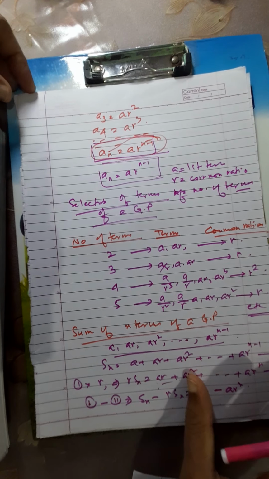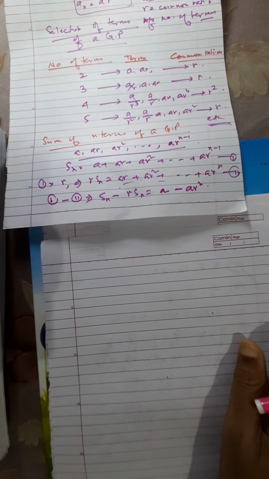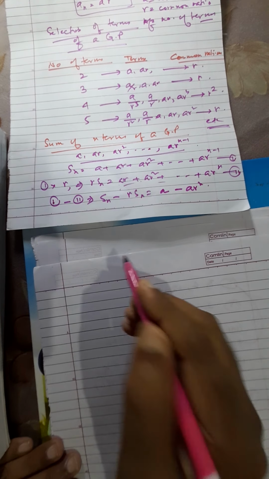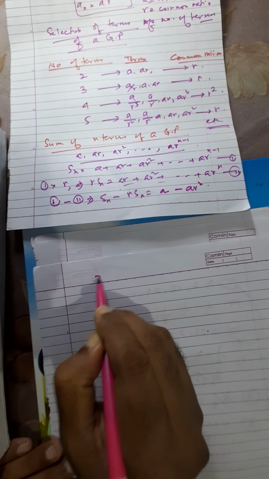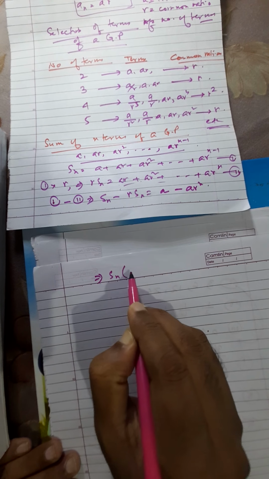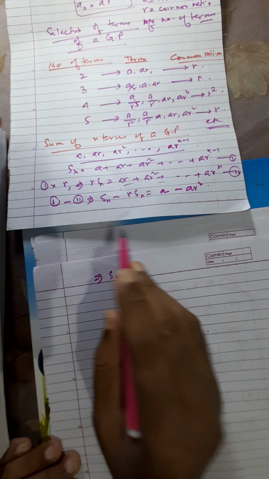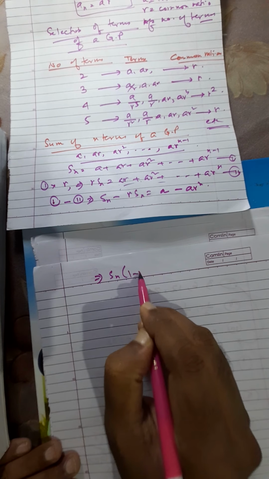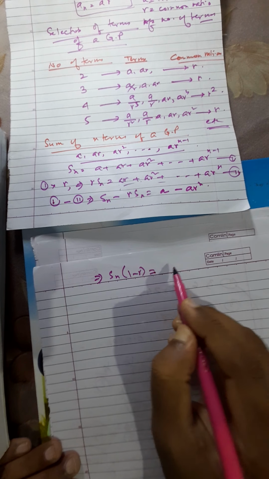Next, see, a minus a r to the power n. So we need to find out Sn. We can take Sn common, so Sn into 1 minus r is equal to what?